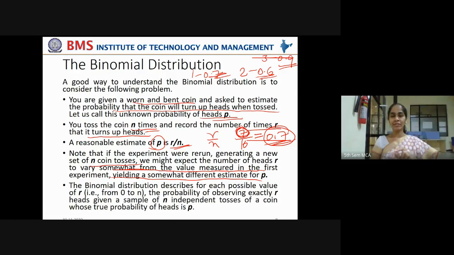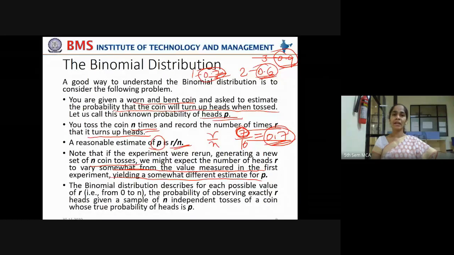The event you are interested in is only heads, and you got a different probability in each experiment. The sample's outcome is not the same. In the same way, we are trying to explain the sample errors also. The sample errors will not be the same across all the samples.